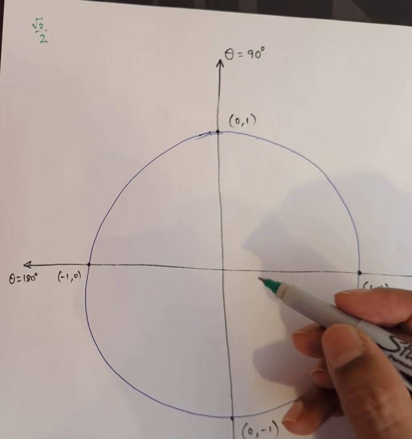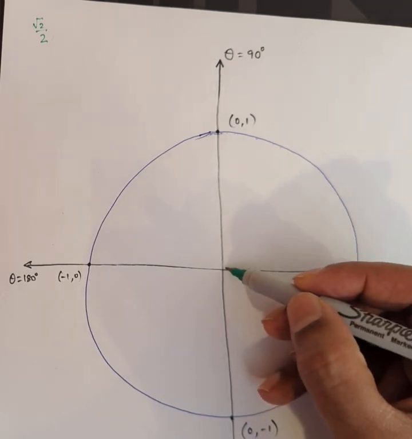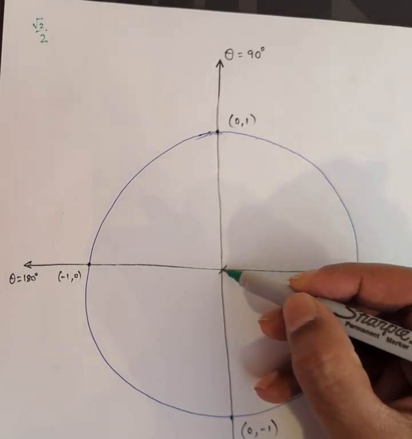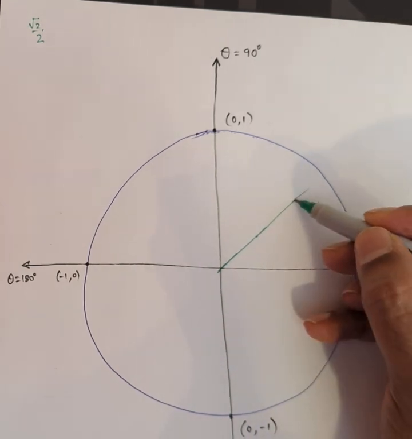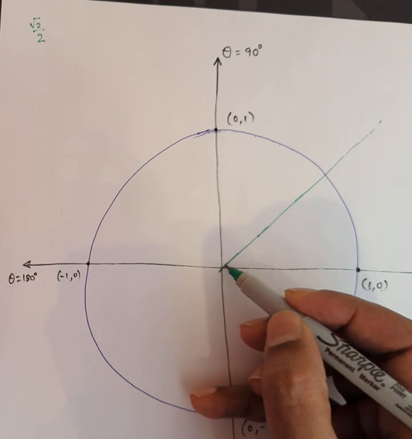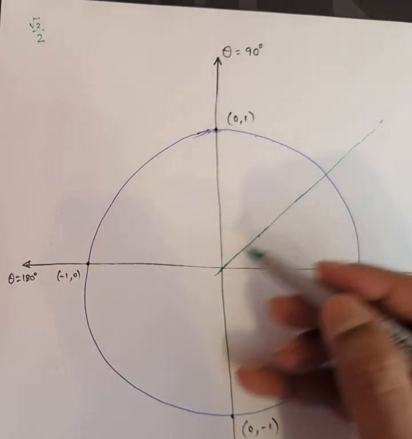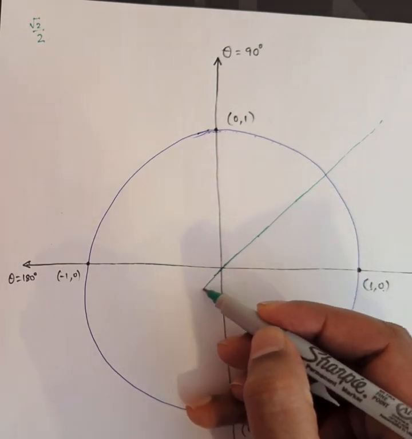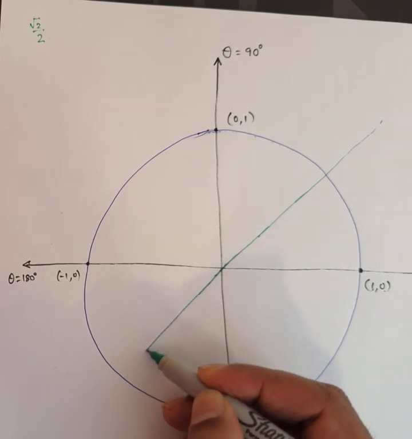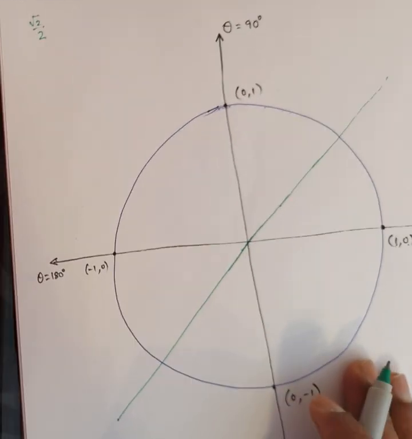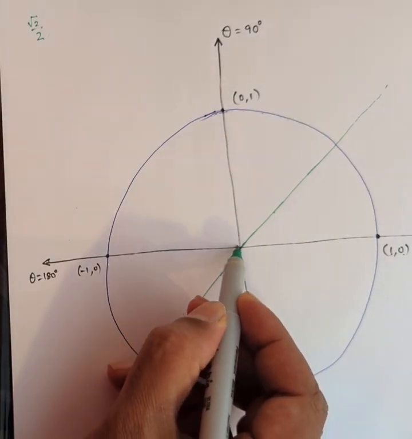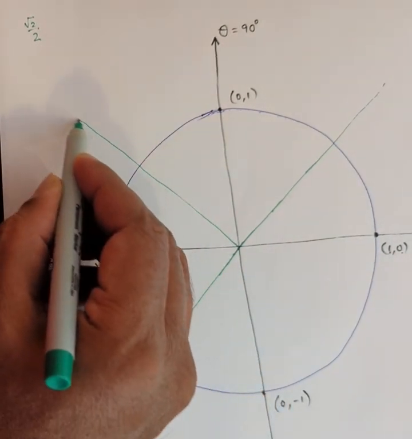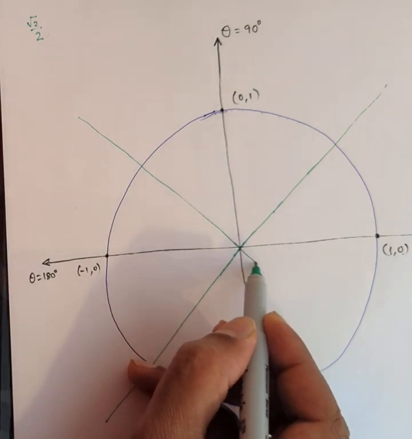Now I can draw lines that cut in the middle. They are equally inclined. So this is going in the northeast southwest direction, and I'm using this green color. And similarly, you would go in the northwest and southeast directions.